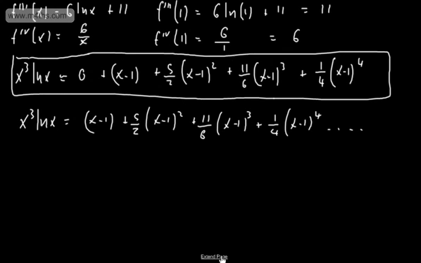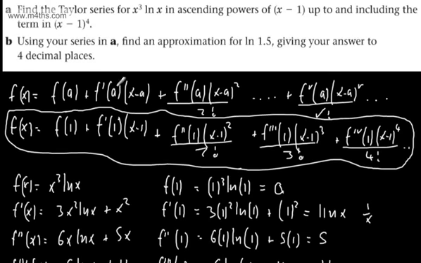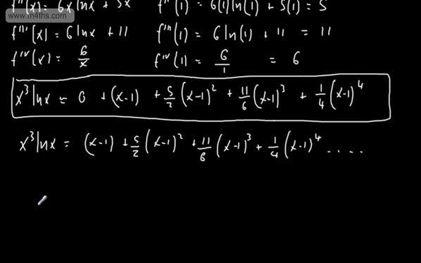Okay, that's done. What we now need to do, let's see what we've got on the next part. Using your series in A, find an approximation for the natural log of 1.5, giving your answer to 4 decimal places. We need to be a bit careful here because we've also got this x cubed here. So if x is going to be 1.5, we're going to have 1.5 cubed, the natural log of 1.5.